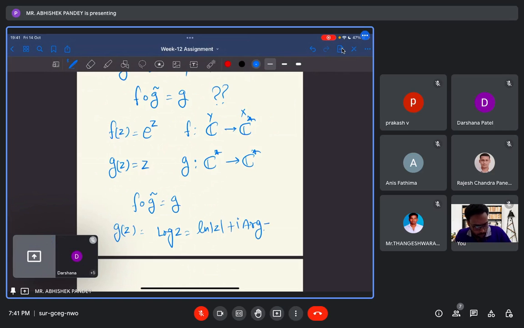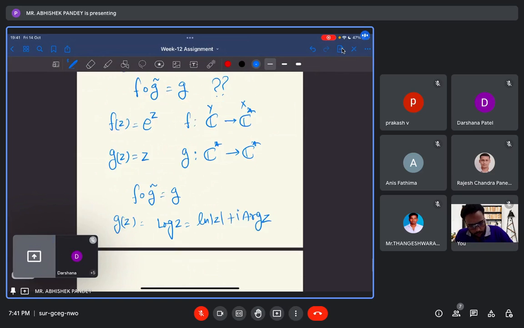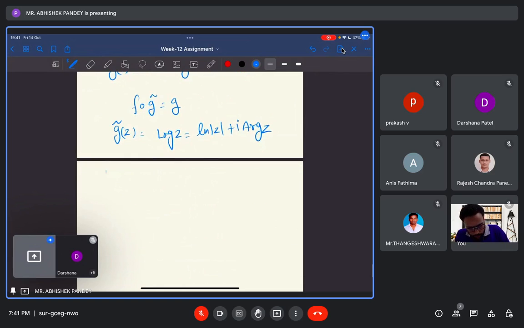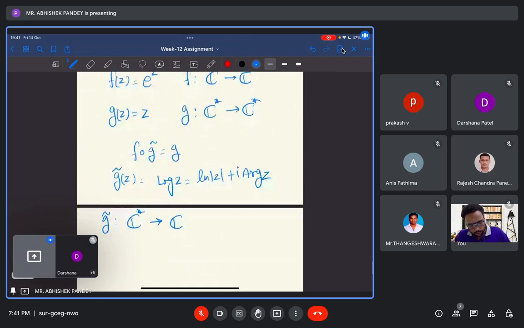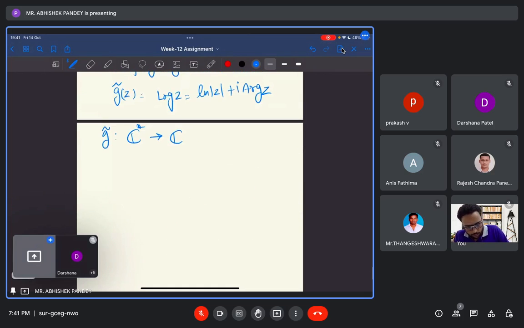So g tilde is defined from C star to C. We know that g tilde is not continuous on C star, so such a continuous lift will not exist.